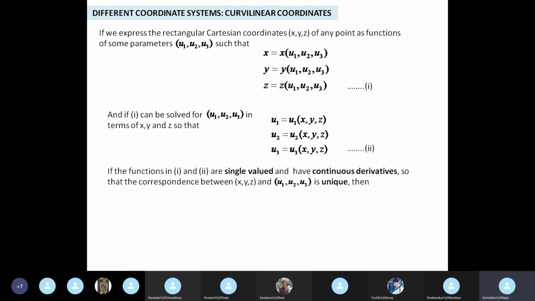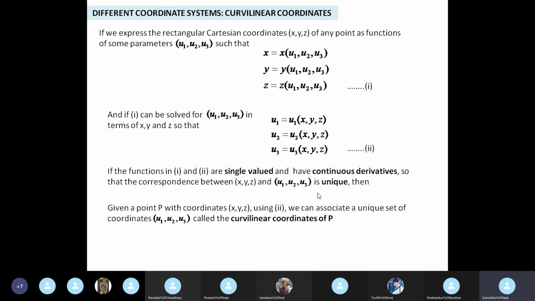So 3 conditions: that the functions are single valued, that is at a particular point it will have only a particular value; that the function has continuous derivatives, the derivatives are not discontinuous at any place; and that the correspondence between these 2 sets of parameters is unique. Then given a point P which has coordinates x, y, z, we can associate a unique set of coordinates u1, u2, u3 to the same point P, and these are called the curvilinear coordinates.